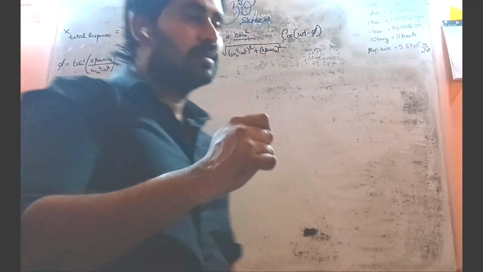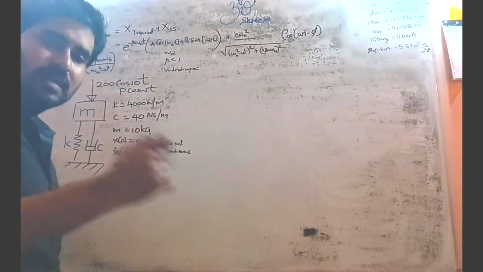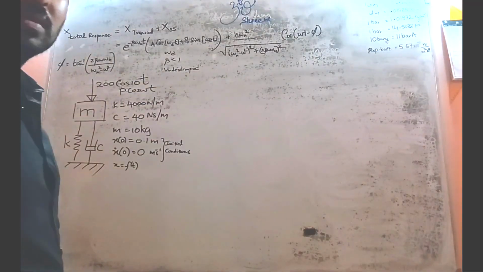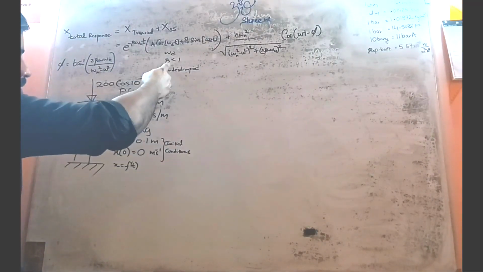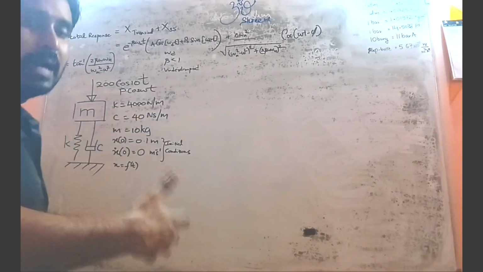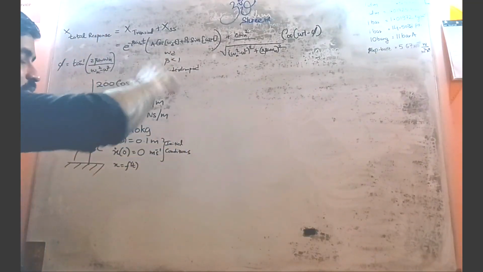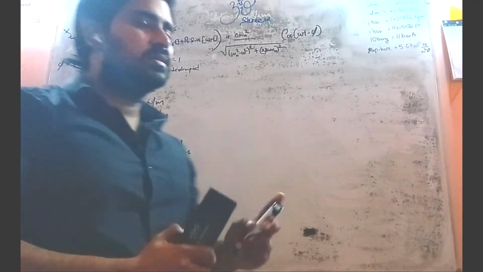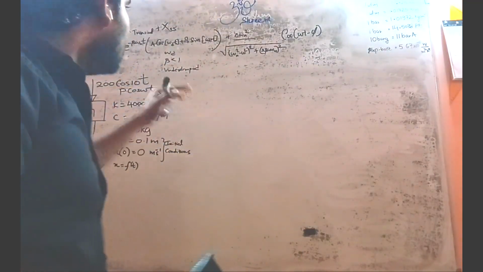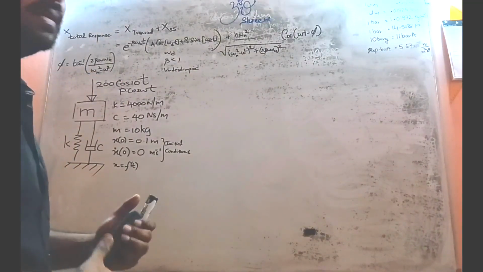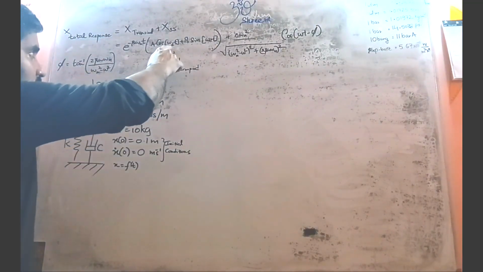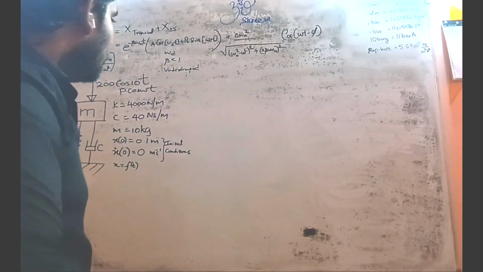That's a very important part that specifically comes when beta, the damping ratio, is lesser than 1, right? If you consider that special case when beta is lesser than 1, then we have to introduce this omega d, right?